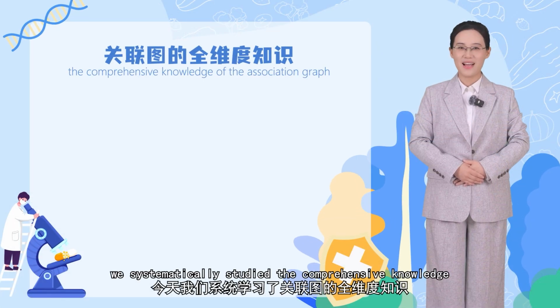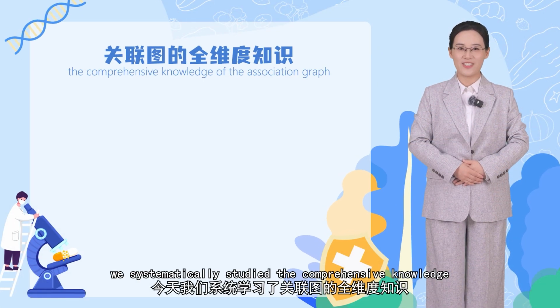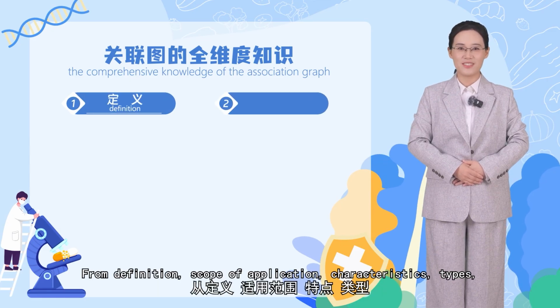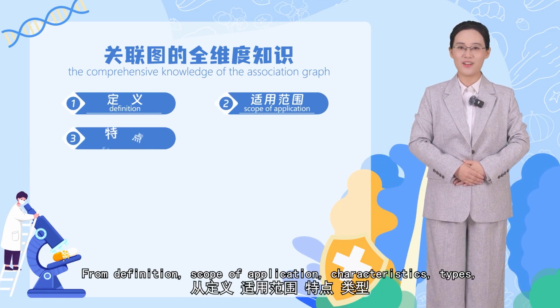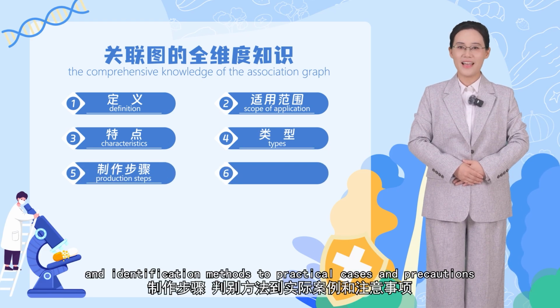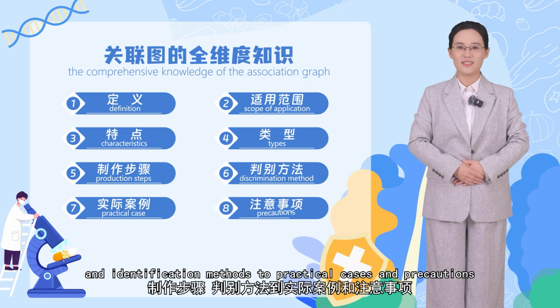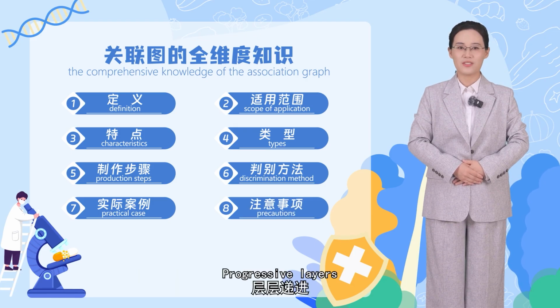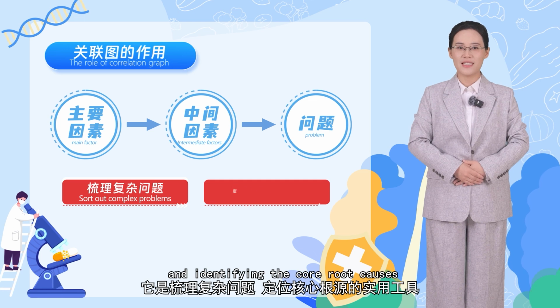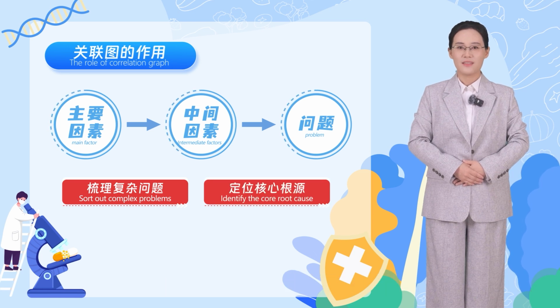Today, we systematically studied the comprehensive knowledge of the association diagram, from definition, scope of application, characteristics, and types, to production steps, identification methods, practical cases, and precautions. Progressing layer by layer, it is a practical tool for sorting out complex issues and identifying the core root causes.